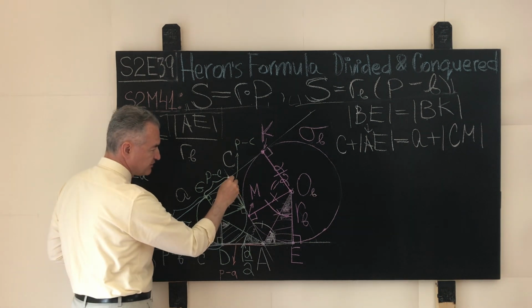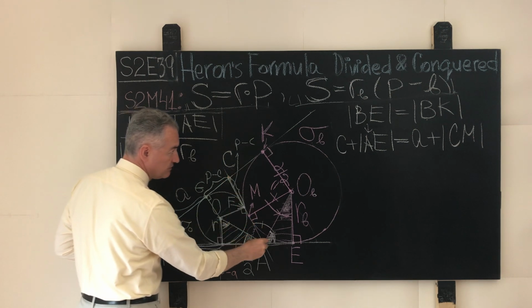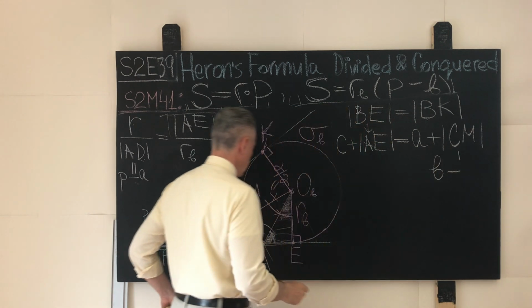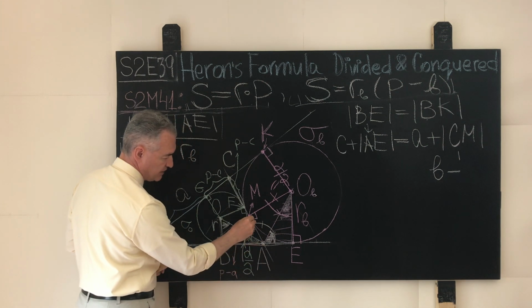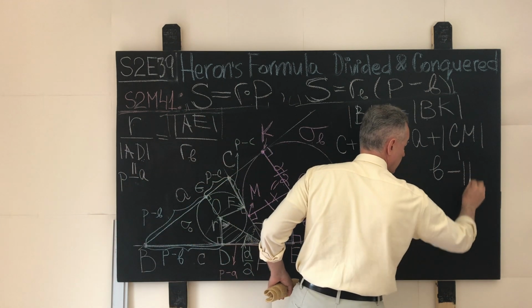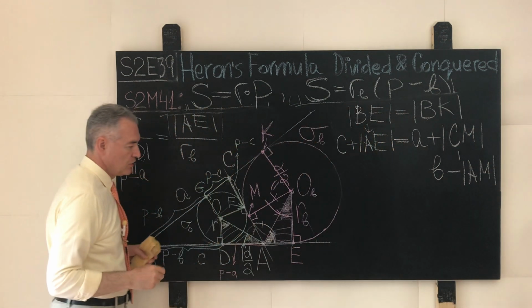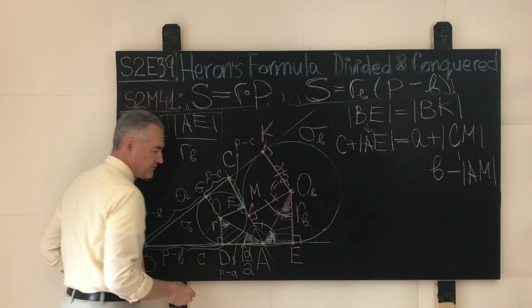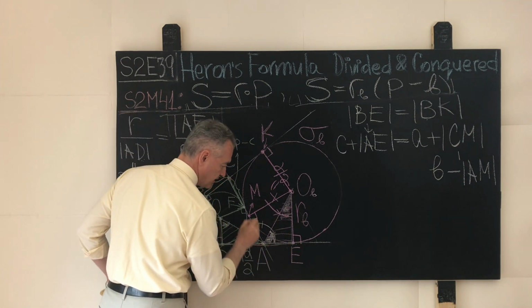Well, the distance between the points C and M can be expressed as the length of the side B minus the distance between the points A and M. But again, the point A with respect to the ExCircle sigma B is the point through which the tangents AE and AM are constructed.